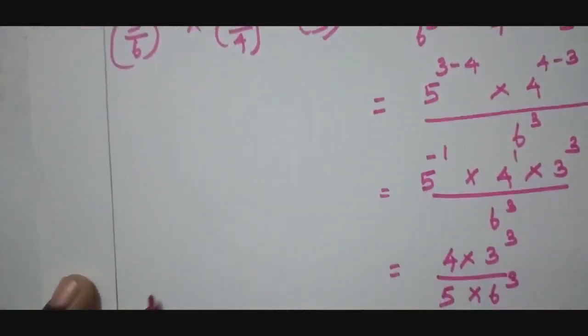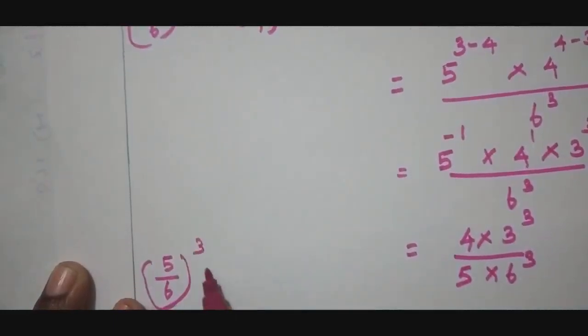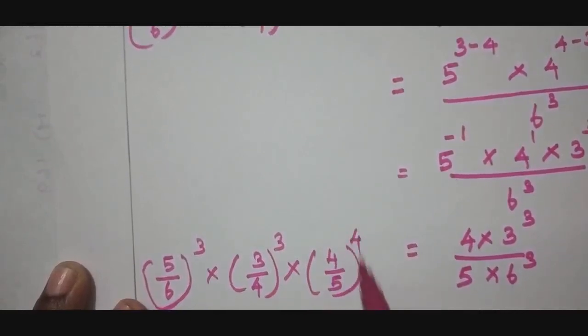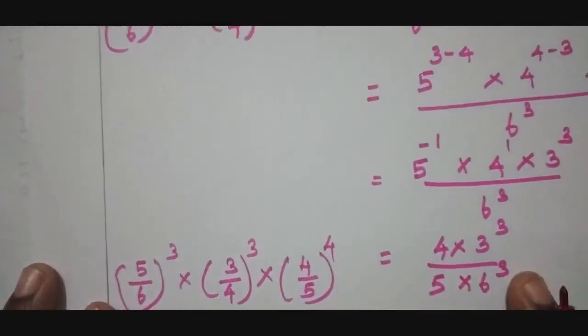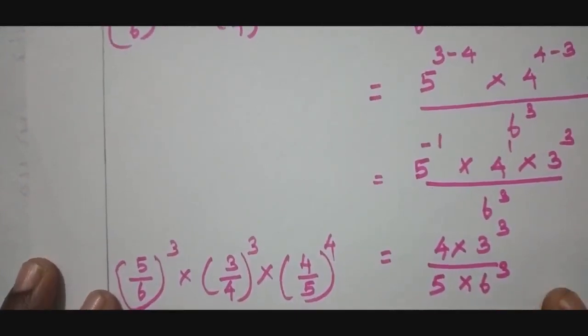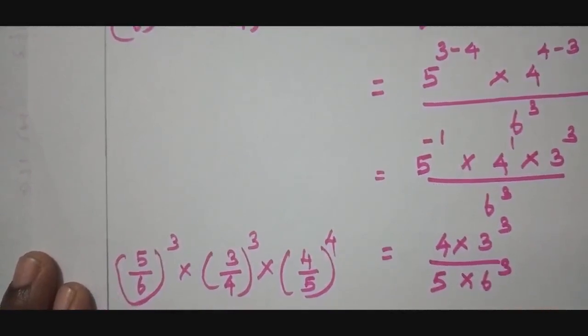So the answer is 5 by 6 the whole power 3 into 3 by 4 the whole cube into 4 by 5 the whole power 4 is equal to 4 into 3 power 3 divided by 5 into 6 power 3. Is it clear, children? Yes.